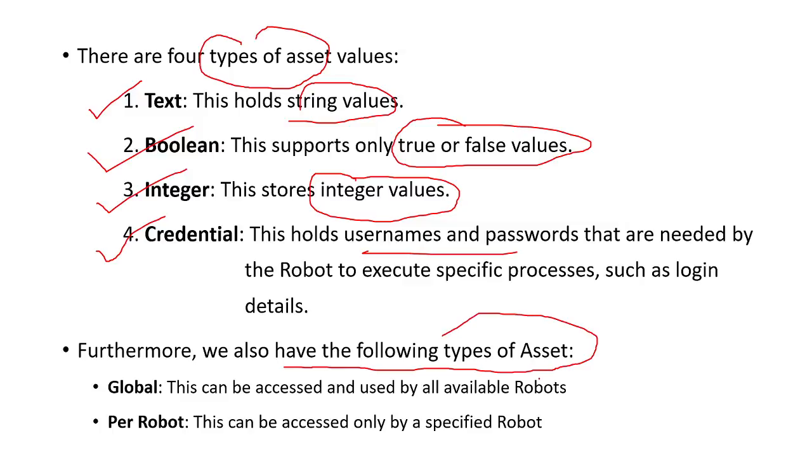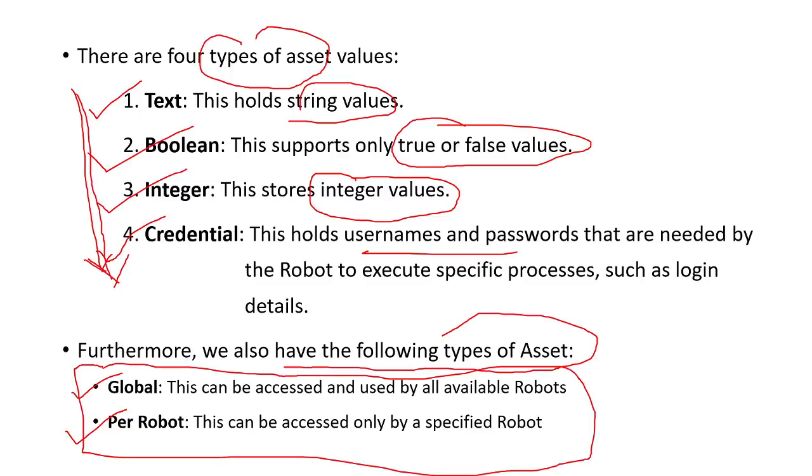Furthermore, we also have the following types of assets. At a high level, you can have two types of assets: one is the global asset and the other is per robot. The earlier ones were data types, the type of value that an asset can hold. Don't confuse types of assets with types of asset values.